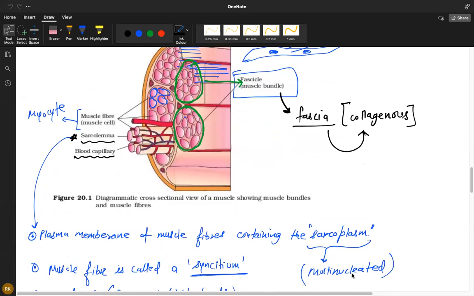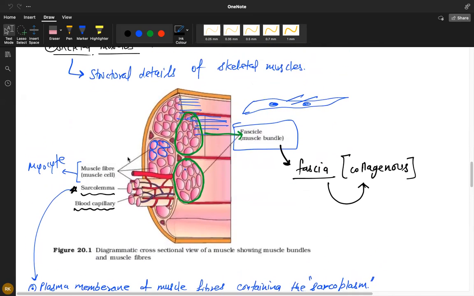It's like cytoplasm, but here it's called sarcoplasm. Muscles are always fed by blood capillaries, because blood brings nutrition and takes waste, like respiratory waste, away from these cells.